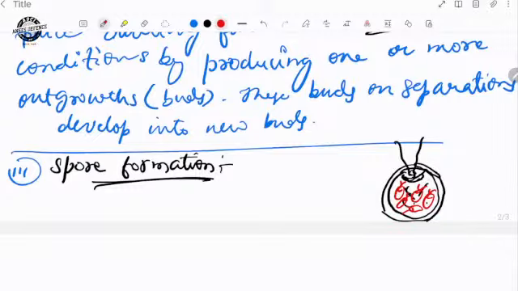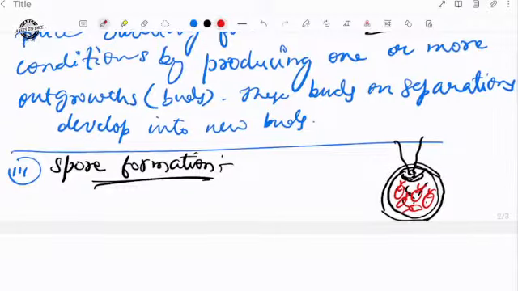After a certain period of time, when unfavorable conditions come, the spores remain inside the parent's body only. And when favorable conditions come, then it bursts out and all the spores come out of the parent's body.